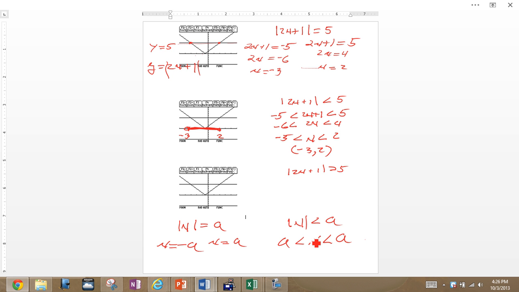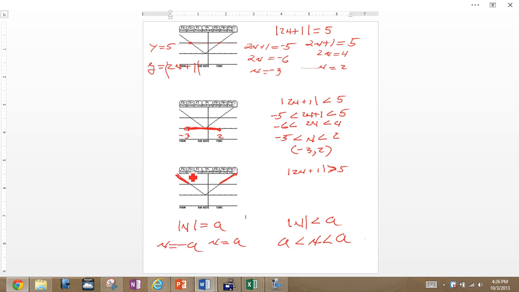Okay? Now, one last. Let's take a look at absolute value of 2x plus 1 is greater than 5. Well, greater than 5 would be when the V shape is above the y equals 5 line.